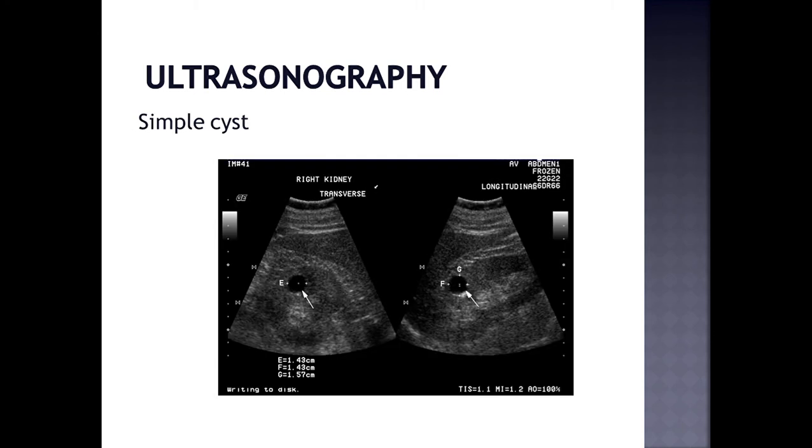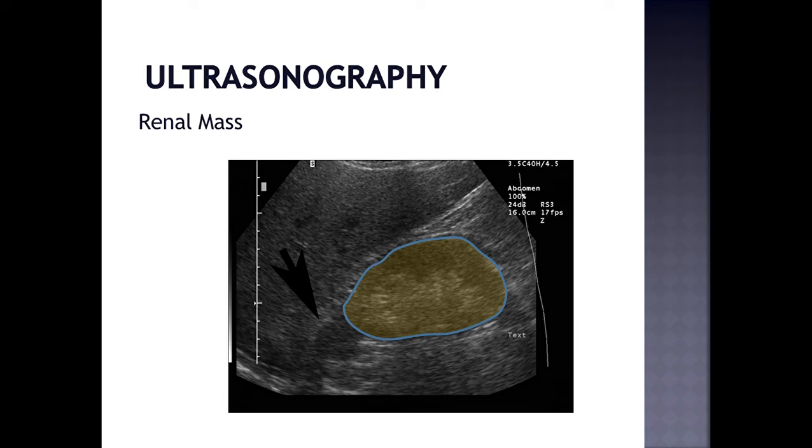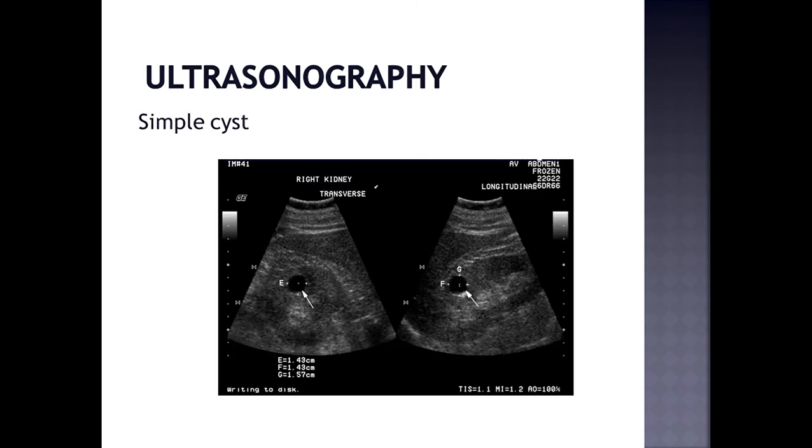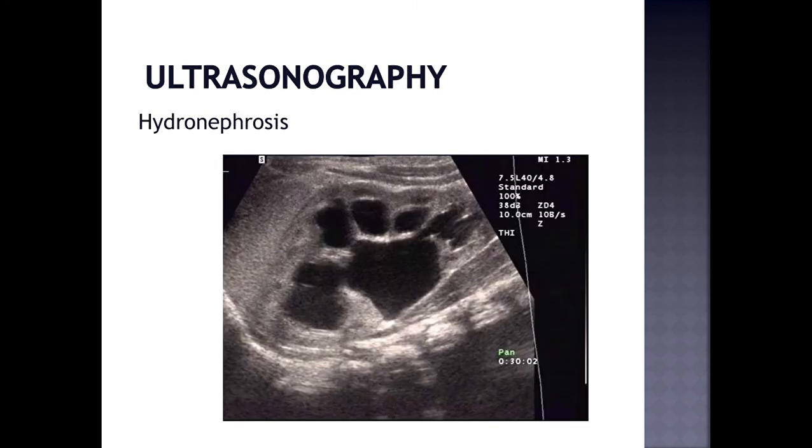So this is how we see a renal mass, and then we can report the mass, whereby the patient can be sent for further evaluation. And this is how we see a simple cyst in the right kidney.